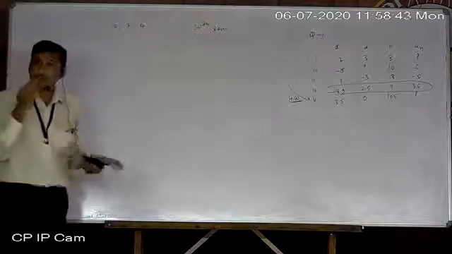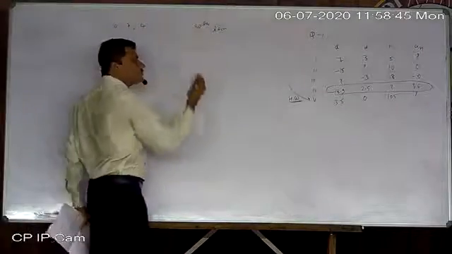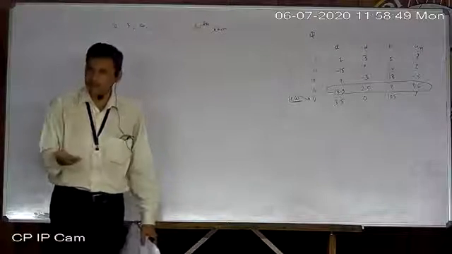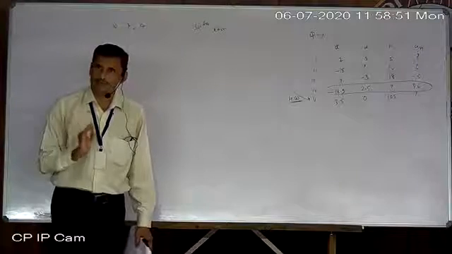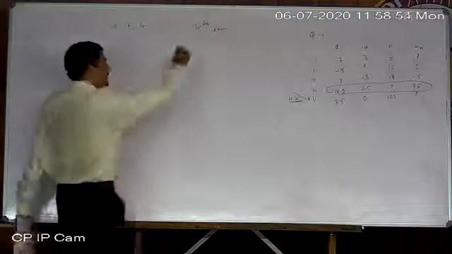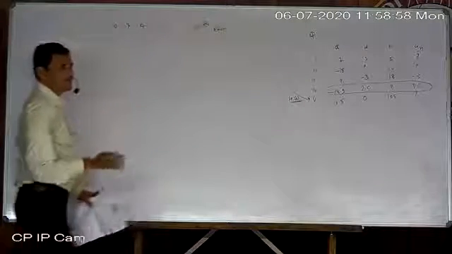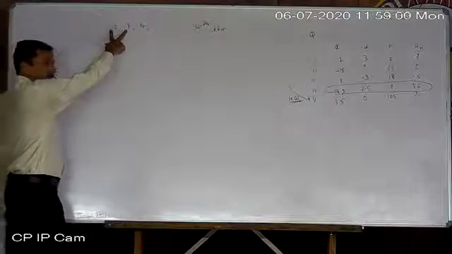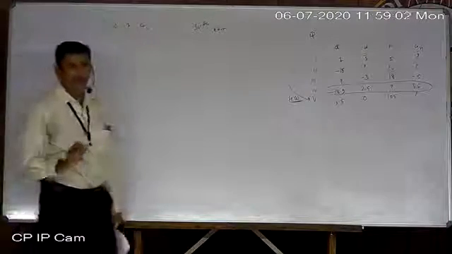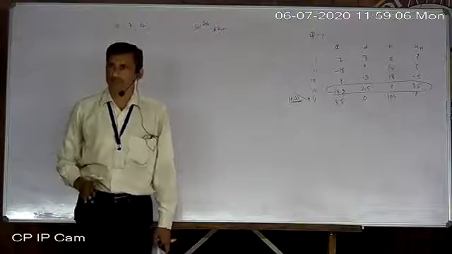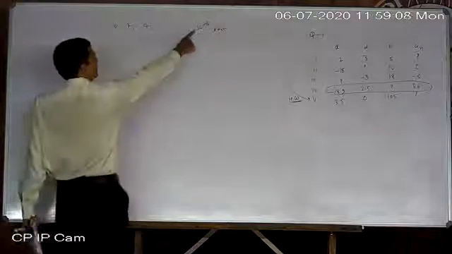Ordinal numbers are applied: first, second, third, fifth, 8th, 10th, 30th, 50th. That ordinal number is always n. So what is given? A and D are always given. Whenever you get an AP, A and D are directly or indirectly given to you. If n is given, you can find An.